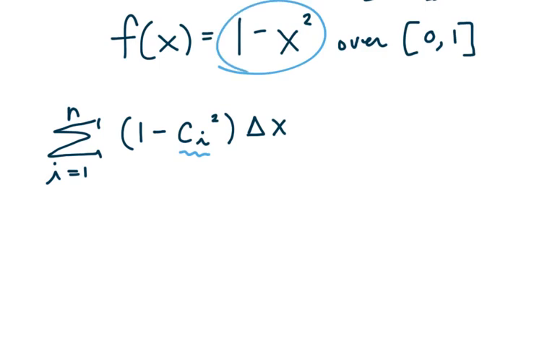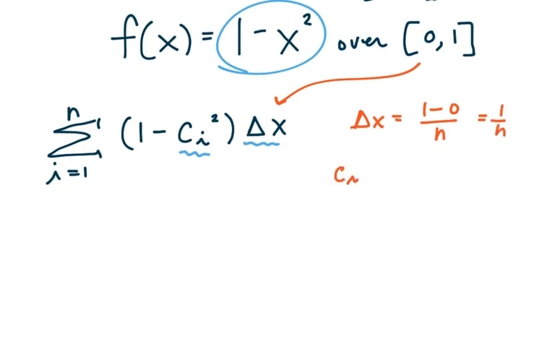That's going to give me my y, and the delta x is going to give me my width, my x value. So in order to determine delta x, remember, we subtract the endpoints of the interval and divide by n. So in this case, we have 1 over n. And c sub i equals i times delta x. So we have i over n.